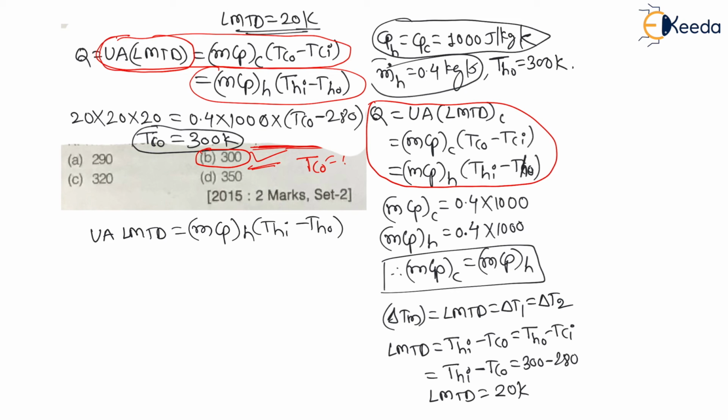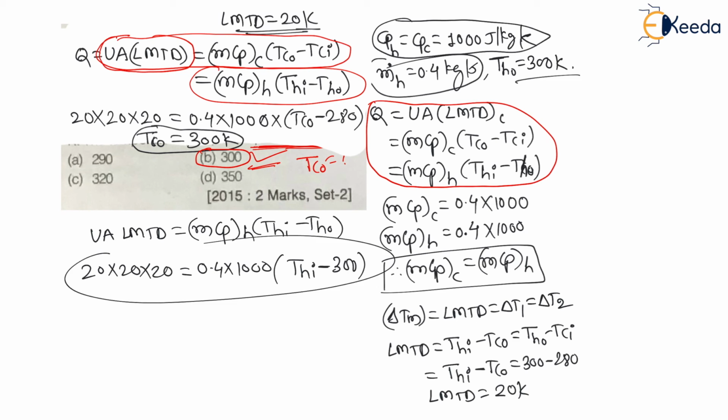Therefore, U is 20, A is 20, LMTD is 20, equal to mass flow rate 0.4, Cp is 1000, into THI, which is unknown, minus THO. THO is given as 300, right? Therefore, if I solve for THI, I will get THI equal to 320 Kelvin.